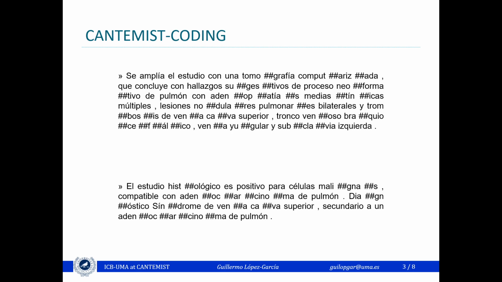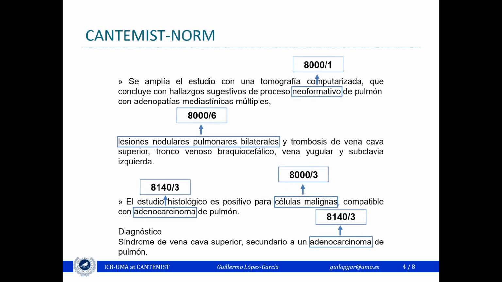After that, during the second step of our strategy, in order to annotate each generated fragment, we used the information available for the CANTEMIST named entity normalization subtask. In this subtask, code annotations include the reference in the text that explains the coding assignment.